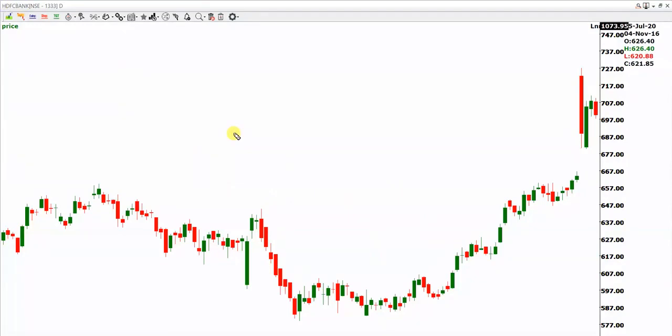This is a daily time frame chart. Whenever you want to do analysis for a bigger time frame, I suggest you use the daily time frame. Okay, and if you are a day trader or positional trader, I suggest you use intraday time frames. Like you can use a 60-minute chart, you can use a 120-minute chart, and for timing the entry you can use 5 minutes or 15 minutes.